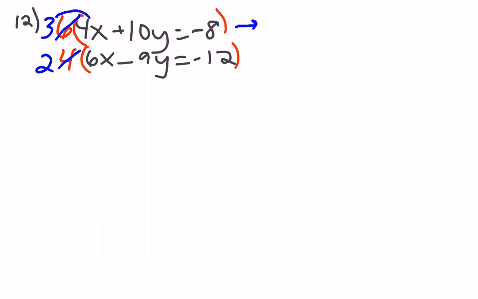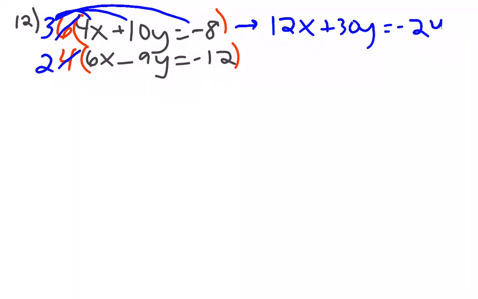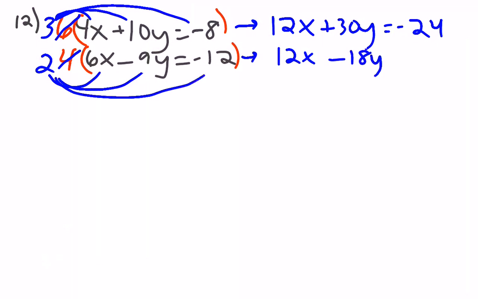So 3 times 4x is 12x. 3 times 10y is 30y. 3 times -8 is -24. 2 times 6x is 12x. 2 times -18y, or sorry, times -9 is -18y. And 2 times -12 is -24.